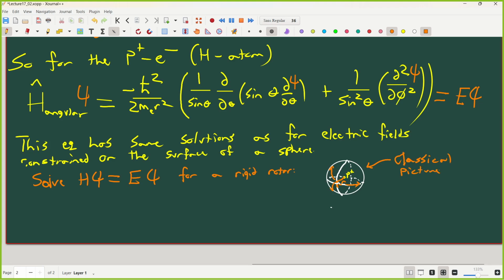And this says that the solutions, the wave functions, which should be functions of the angle, are equivalent to stable trajectories of an electron on a sphere.